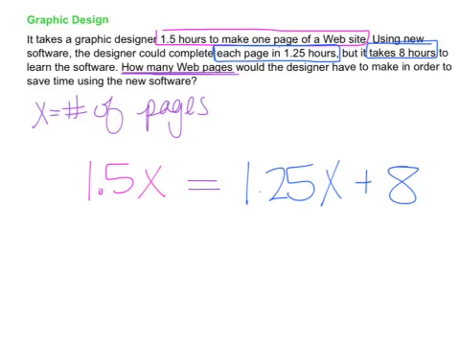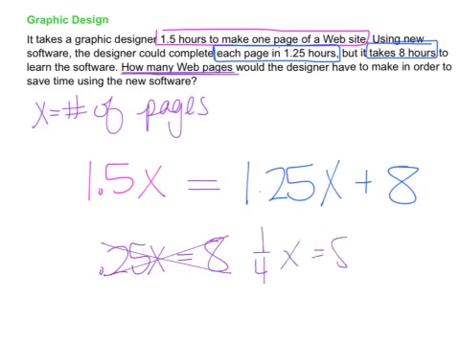So if we subtract 1.25x from both sides, we end up with 0.25x equals 8. And I like to think of this, because I'm not using a calculator, as 1/4 x equals 8. And to solve, we have to multiply both sides by 4, and x equals 32.